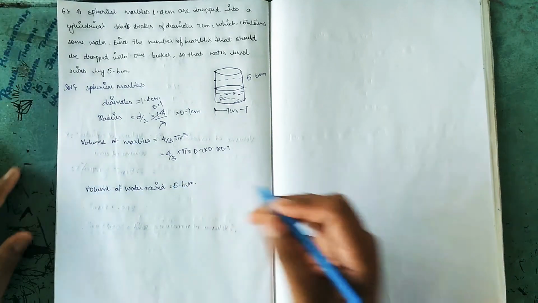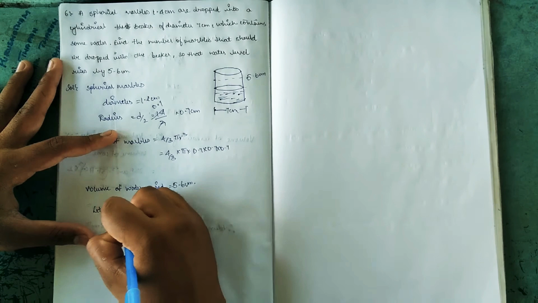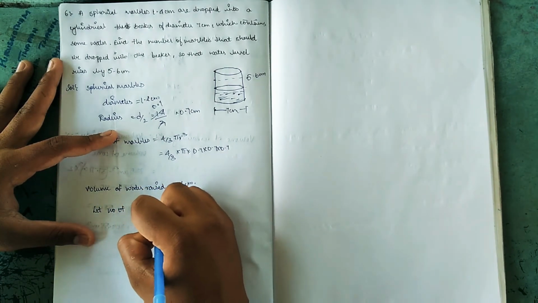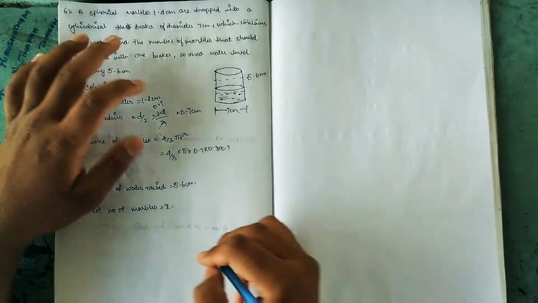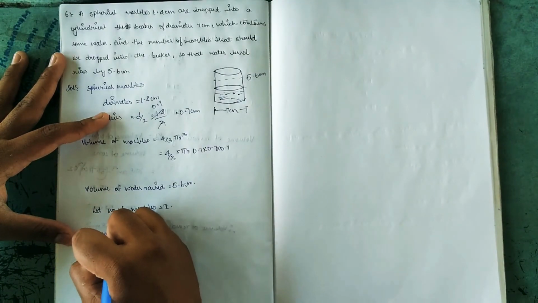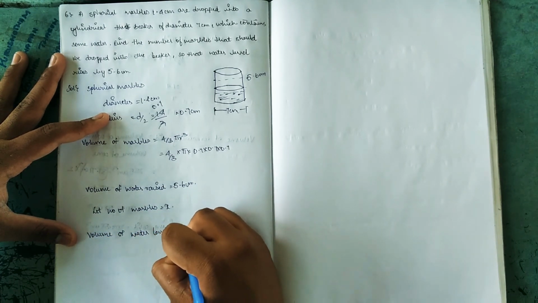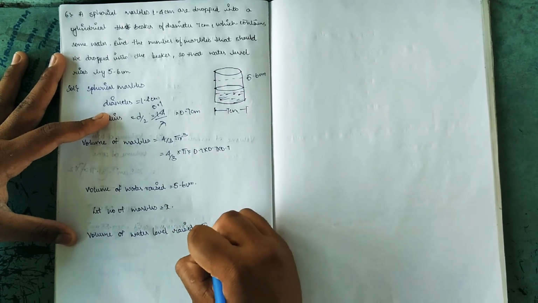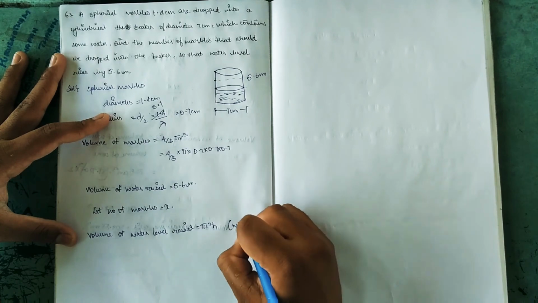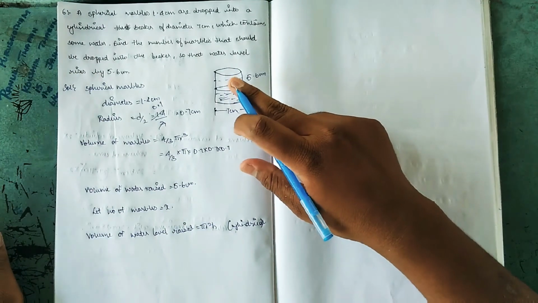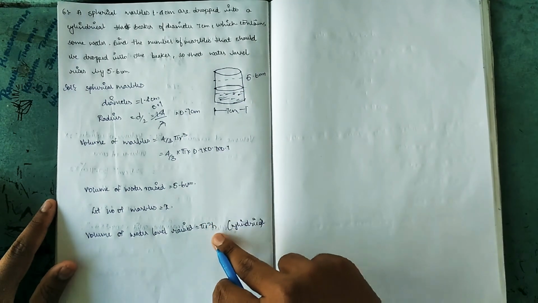We don't know the number of marbles, so let the number of marbles be x. The volume of water level raised is pi r square h, the volume of a cylinder, because this beaker is in the form of a cylindrical tube.